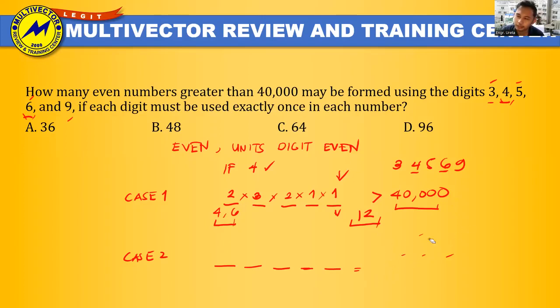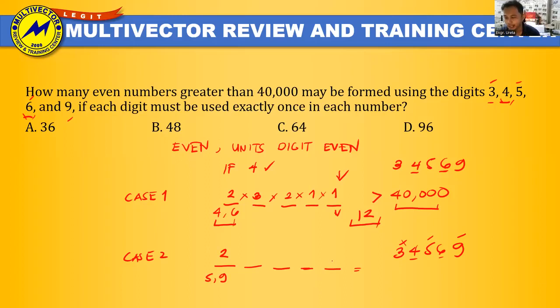Rewrite ko lang ulit. So 3, 4, 5, 6, 9. Ngayon, kung hindi na dapat 4 and 6, kasi nasa case 1 yon, so ano lang yung pagpipilian natin? 5 and 9. Kasi nga dapat greater than 4 yung 10,000 digit natin. So 2, which is either 5 or 9.